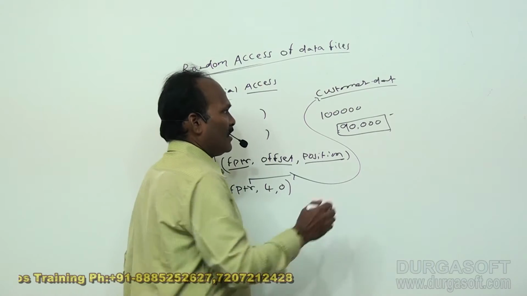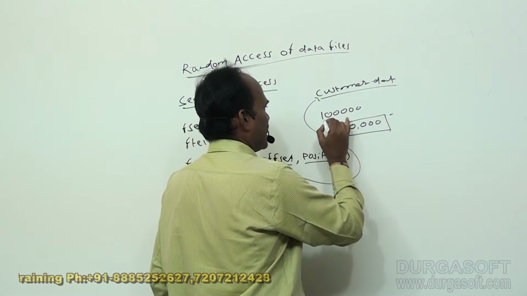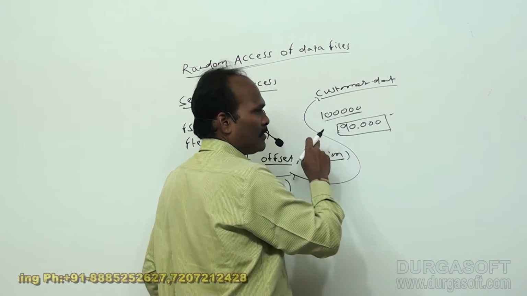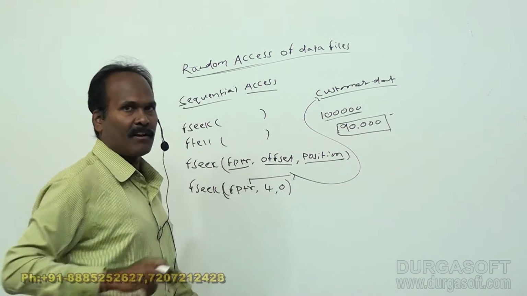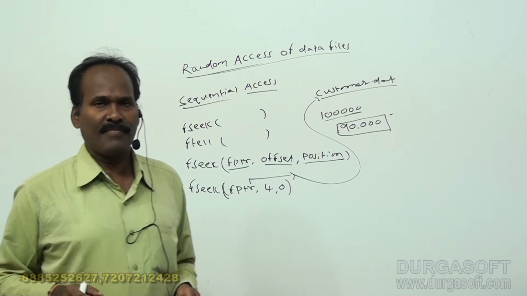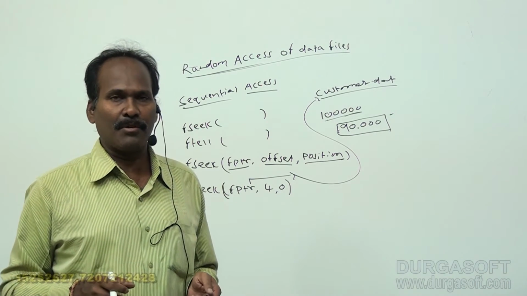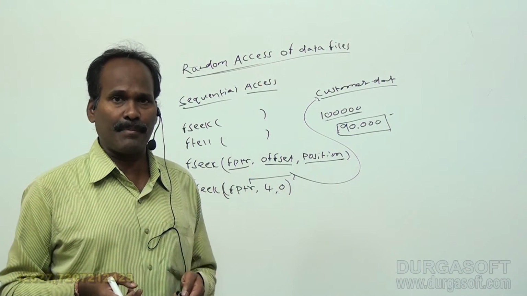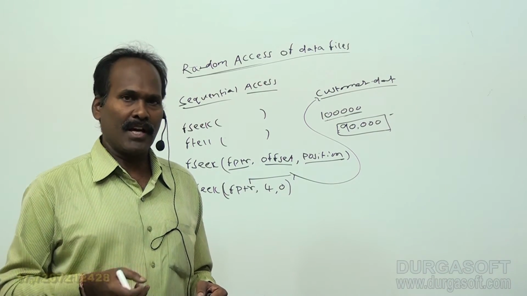Suppose in the case of 1 lakh records, how do we place the file pointer on a particular record? First of all, I have to know the size of the structure. By using the sizeof operator, you can know the size of the structure.